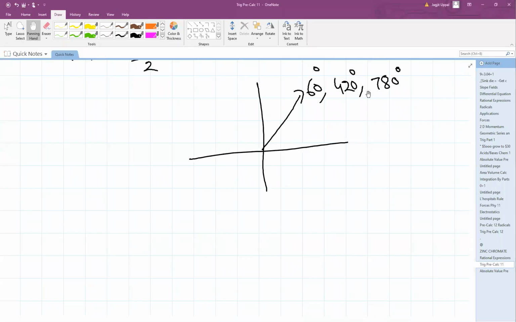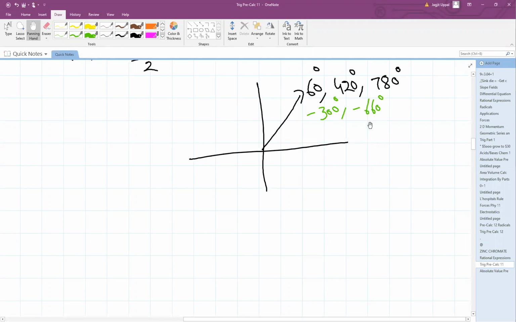That is going to be minus 300. That's also a coterminal. If I go once more, that's minus 300 minus 360, which is minus 660. So I can keep going over and over. There are endless coterminals, and they land at the same place.